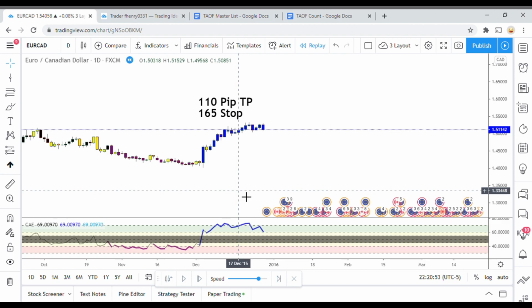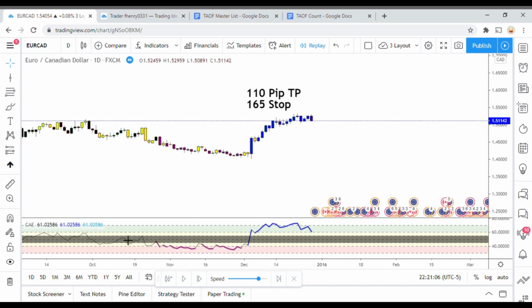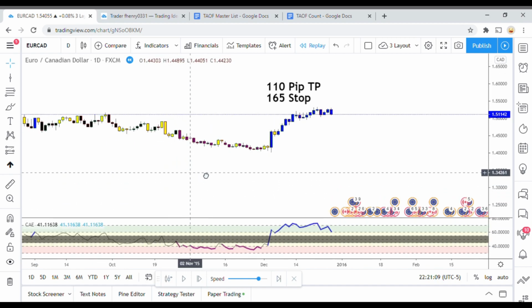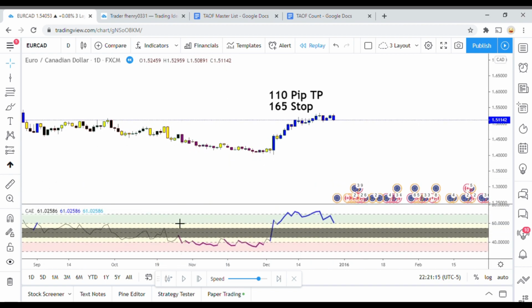All right, so today's indicator, as I said, is the chop and explode indicator. It's a pretty easy setup all in all. There seems to be a lot going on with it, but really there isn't. Basically, we have the indicator itself down here on the bottom of the screen.